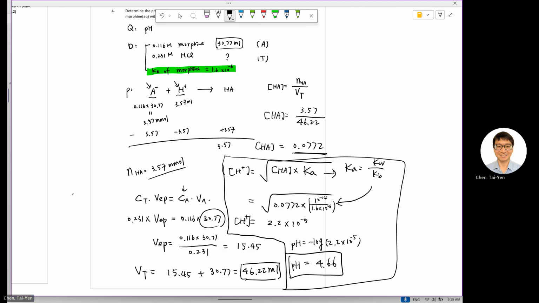Okay? So we can actually get familiar and become experts at analyzing what kind of solution we have, right? So here we practice how to write the correct chemical equation to help us think. Right? You know we start from weak base, that's why we write this A minus.